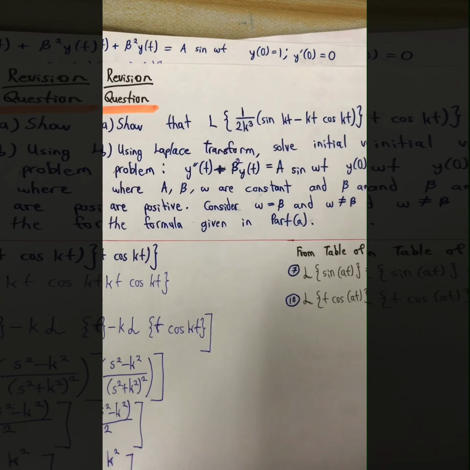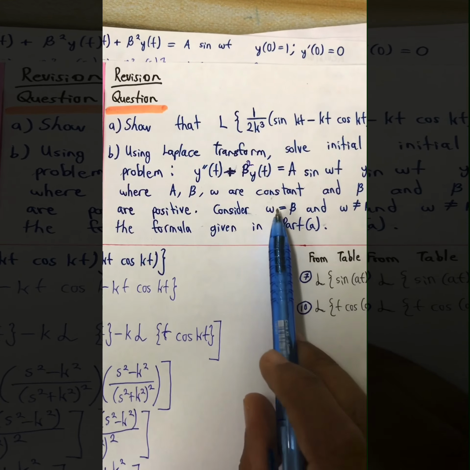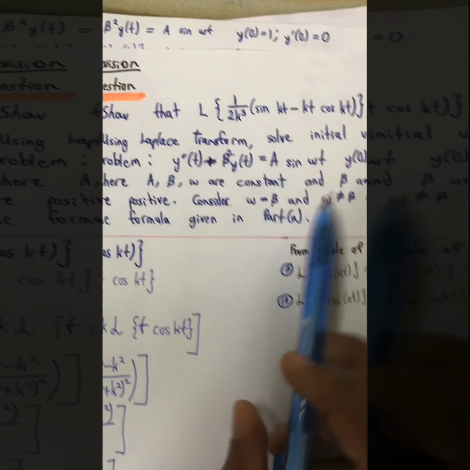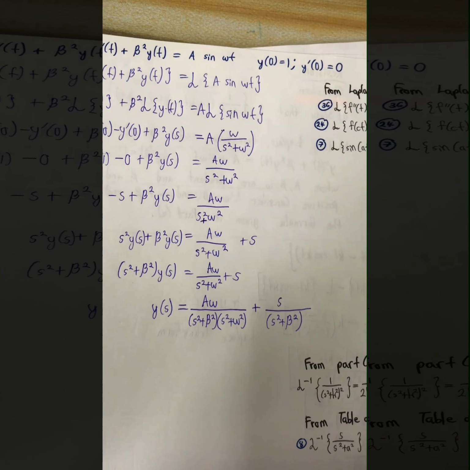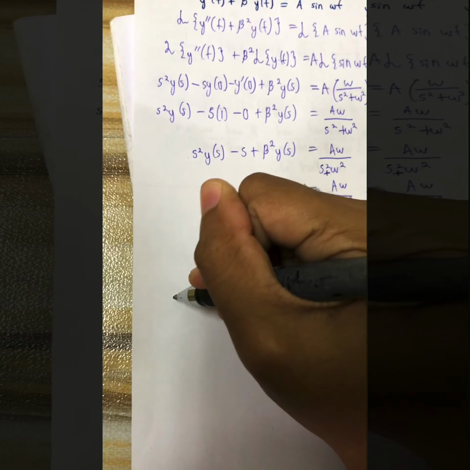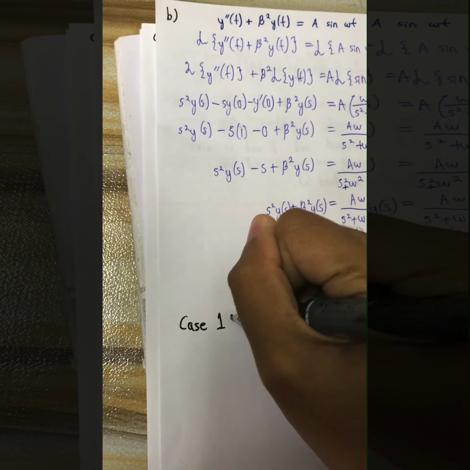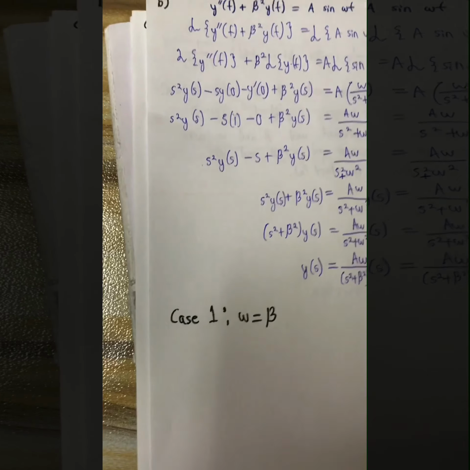So we need to separate it into two cases. We proceed with case 1, where omega is equal to beta.